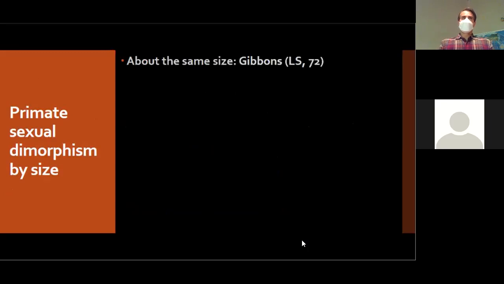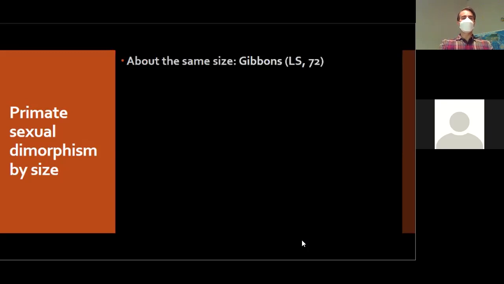Interestingly, the gibbons, who are part of the apes, some people call them the lesser apes or one of the smallest apes, but the males and females of the gibbons are about the same size, and there's not a huge difference. As Levin and Schultz say, there's not a huge difference between them in terms of their size.